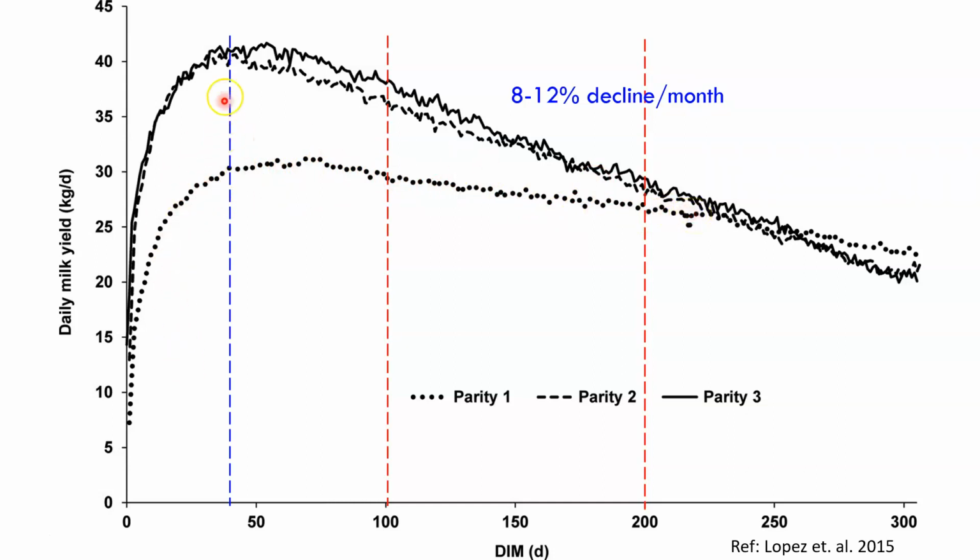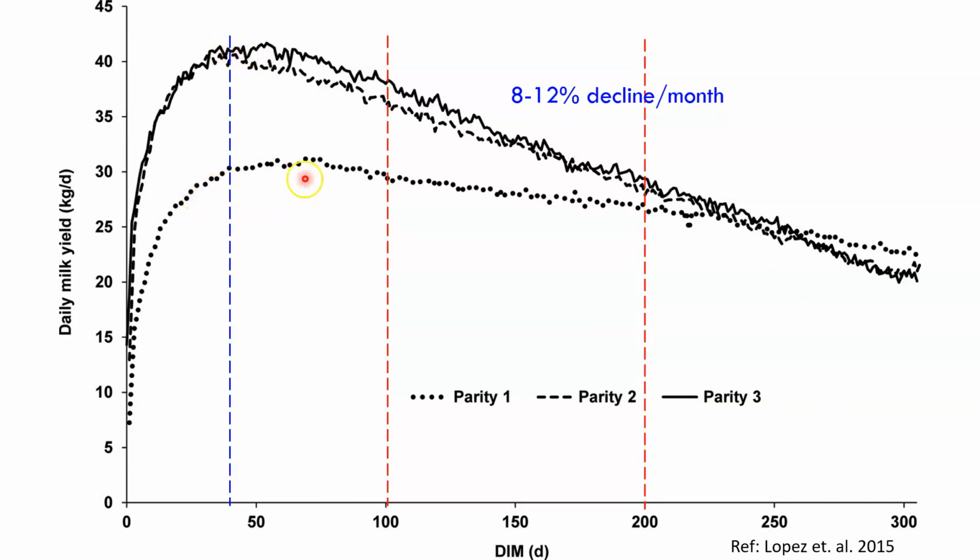However, during second and third parities, we usually say you can get about 25-30% more milk than the first parity. Say peak is 30 liters here, here 40 liters, so that's 30% more. And you'll notice, according to this chart, the peak is somewhere around here.